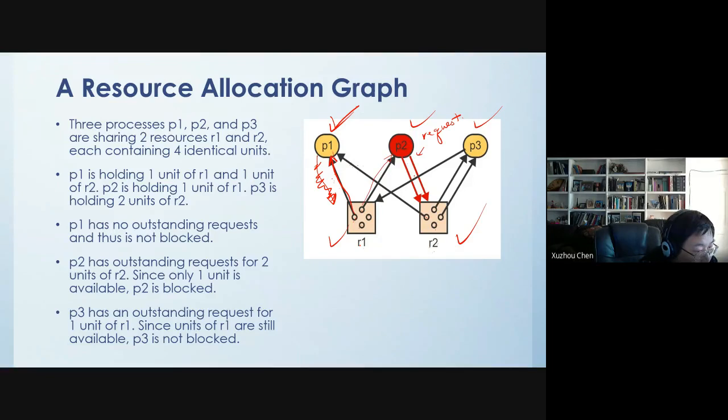But at this moment, P2 is blocked, right? What about P3? P3 is currently holding 2 units of R2, and P3 is requesting R1.